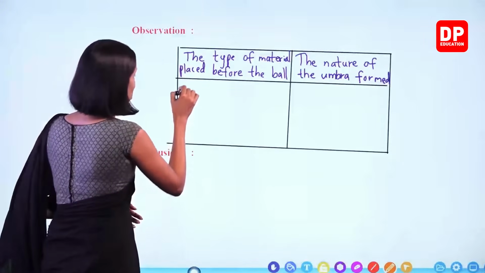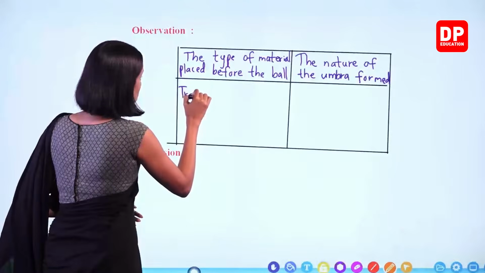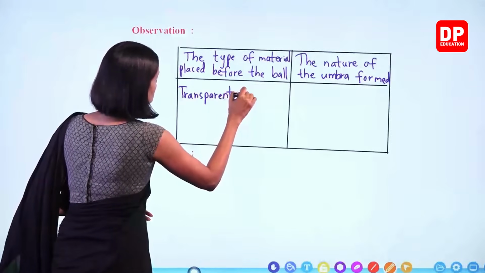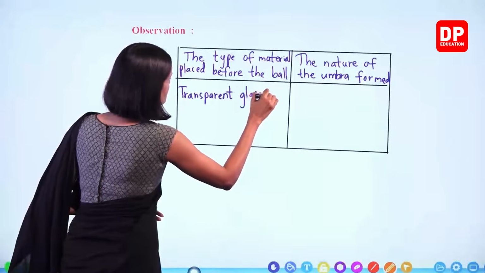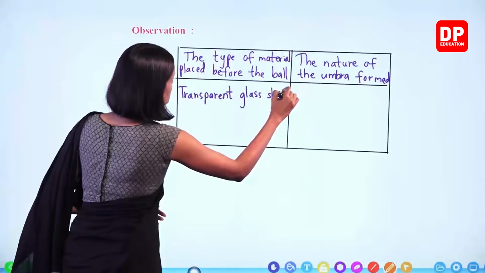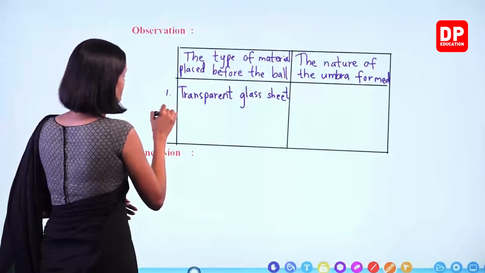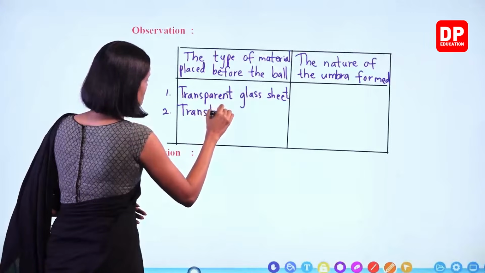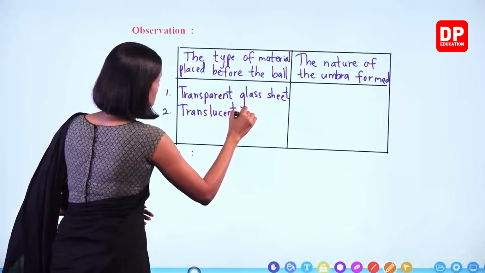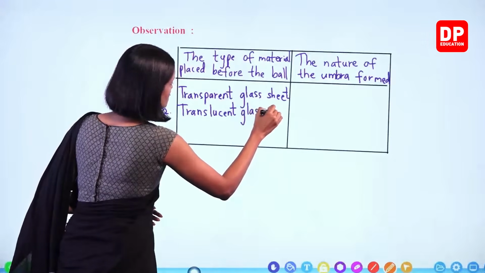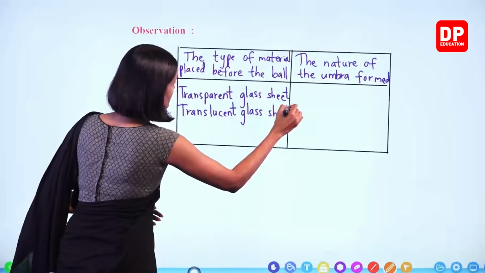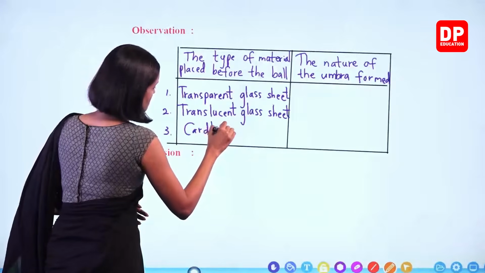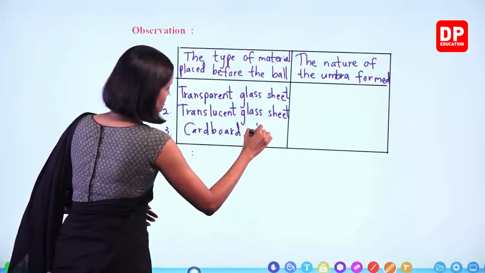So what was the first material? Transparent glass sheet. Translucent glass sheet. And finally, cardboard sheet.